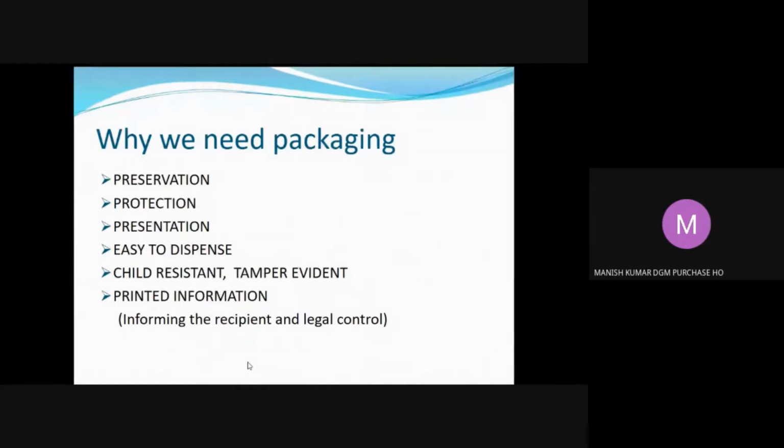We develop packaging with tamper evidence, and we need packaging to provide information about the product: the regulatory guidelines, the MRP, the expiry date, and where it is manufactured. It depends on the country-specific regulatory requirement. So these are the five or six criteria we consider at the time of developing any packaging for pharmaceutical.